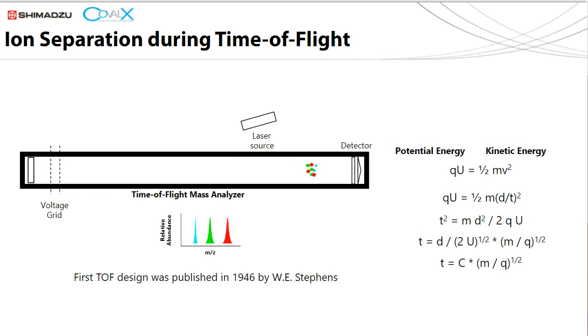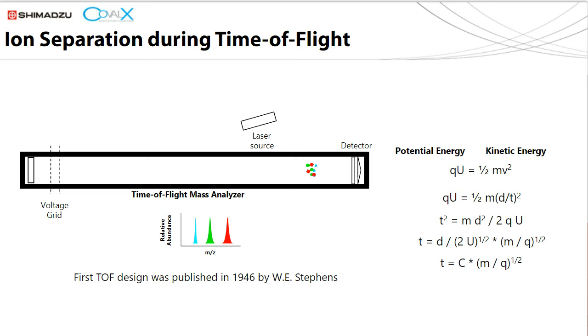Of course, lighter mass ions, lower mass ions, will move faster down the flight tube and impact the detector first, and heavier, slower ions will move later down the flight tube and impact the detector at a later point. So this will therefore separate the ions, each laser pulse being the start of the experiment, and the impact on the detector being the end of the detection.